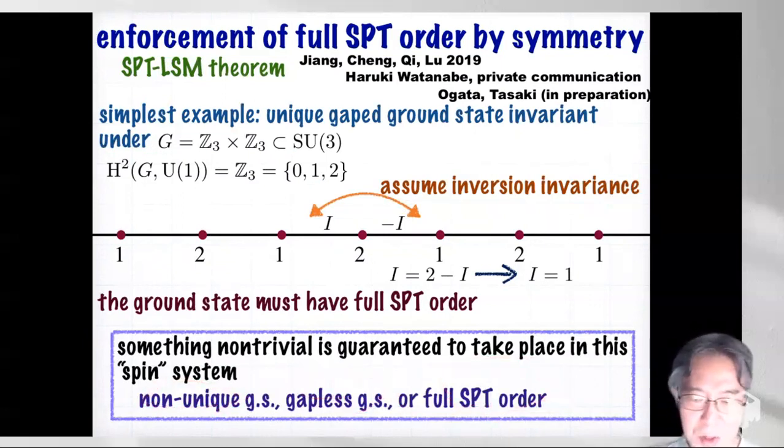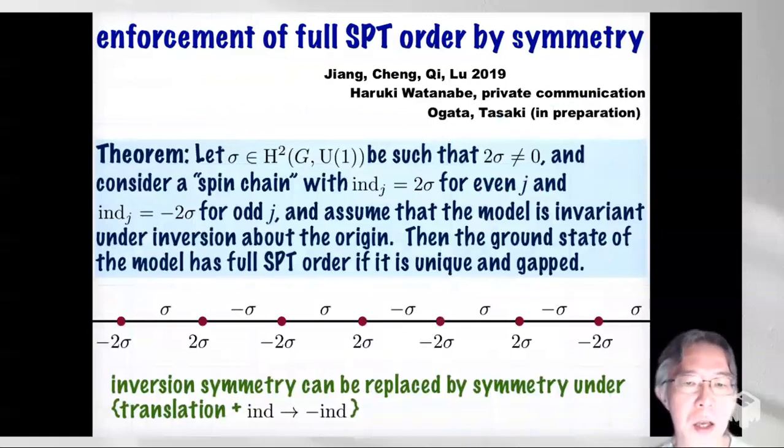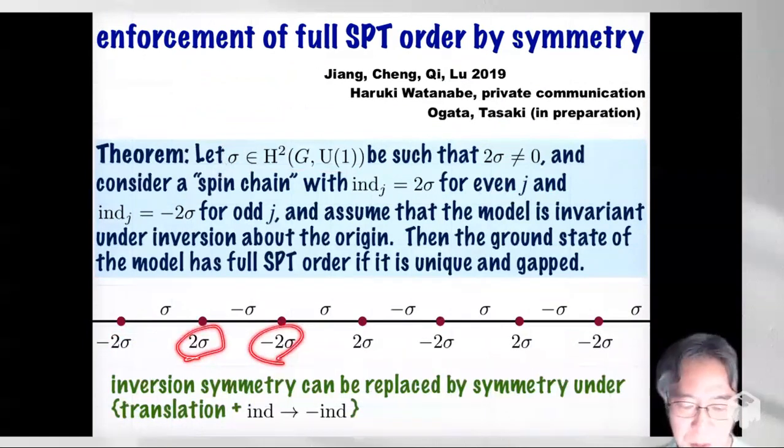Okay, so of course this can be generalized, and the generalization is almost trivial. So suppose that sigma is an element of the second group homology such that twice the sigma is non-zero. Okay, this doesn't happen for the case if this is C2, but anyway, suppose that, and then consider the spin chain where spin alternates between 2 sigma and -2 sigma, and further assume that you have inversion invariance.